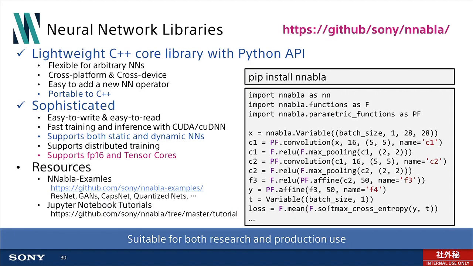Okay, so lastly, I'd like to introduce Neural Network Libraries. It's a Python-based deep learning framework. As I introduced, this is a deep learning framework belonging to the same category as TensorFlow or PyTorch. And maybe many people are already satisfied with such deep learning frameworks, but actually, our deep learning framework is very sophisticated compared to those frameworks.